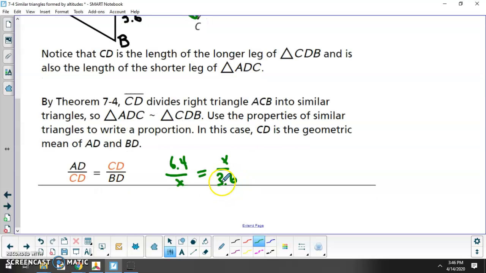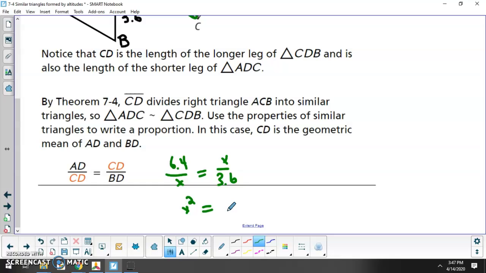So now this is where you might recognize, okay, if you multiply X times X, you're going to get X squared, all right? 6.4 times 3.6, guess what? This is like the arithmetic, not the arithmetic mean, but the geometric mean, okay, the one that we were talking about.